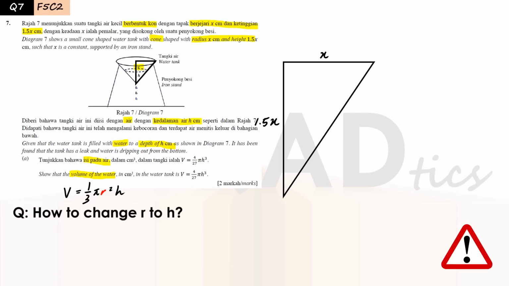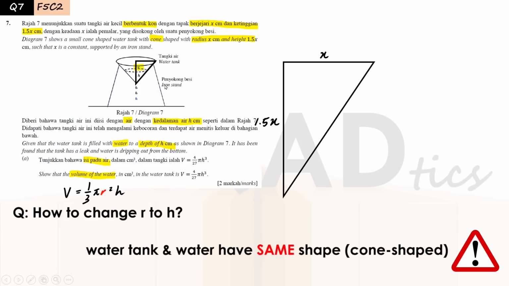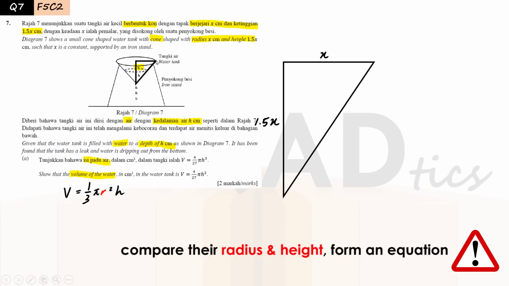The only clues that we have are the measurements of the water tank and the water. But if you realize, these two things actually have the same shape, which is cone shaped. So what we are going to do is compare the radiuses of both cones, the r and the x, and both of their heights, h and 1.5x.